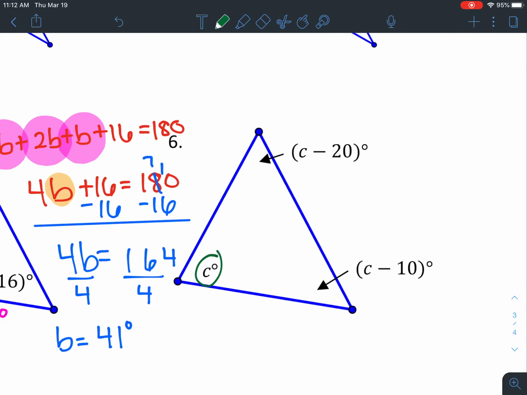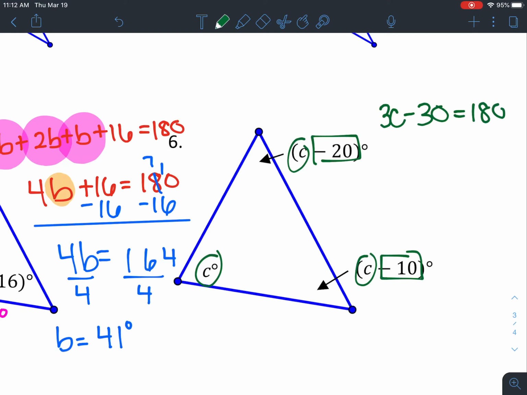So for this one, I've got 1, 2, 3c. And then negative 20 and negative 10 gives me negative 30 equals 180. This time we have to add 30 to both sides to get rid of it. So 3c equals 210.